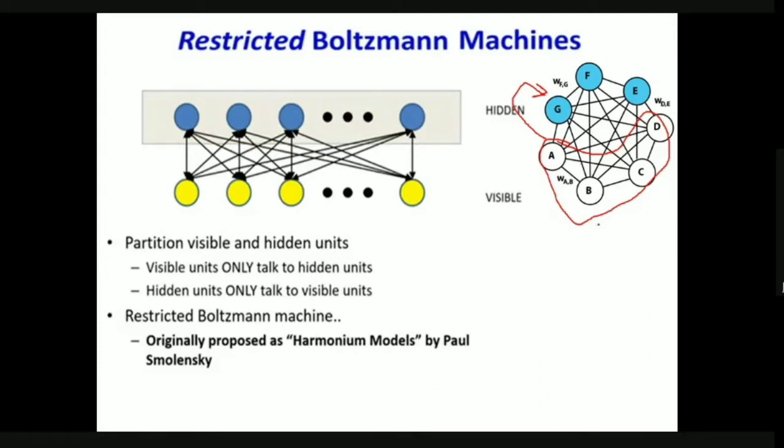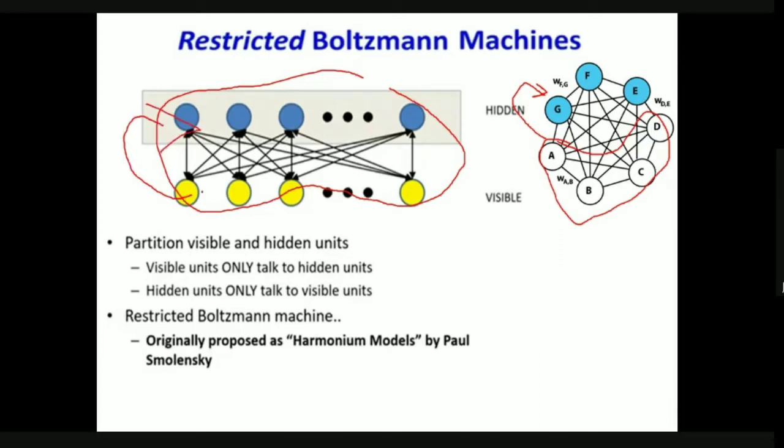Instead of this, now we have a variation of the Boltzmann machine, which is nothing but the restricted Boltzmann machine. Here we have a bipartite graph, where we have connections only between visible neurons and hidden neurons.